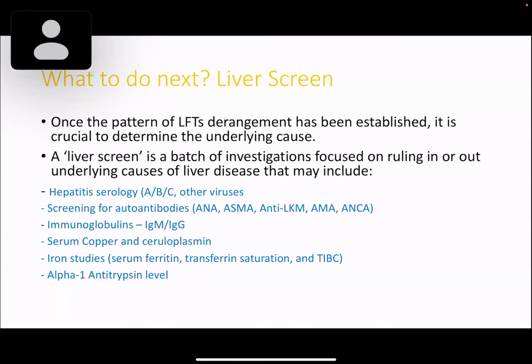Abdominal ultrasound is also an essential investigation, especially if liver function tests point to biliary disease. We can also go for MRCP or ERCP, especially in a cholestatic pattern of liver function tests.